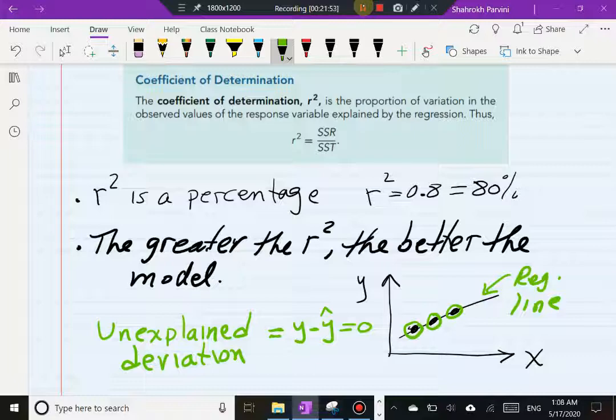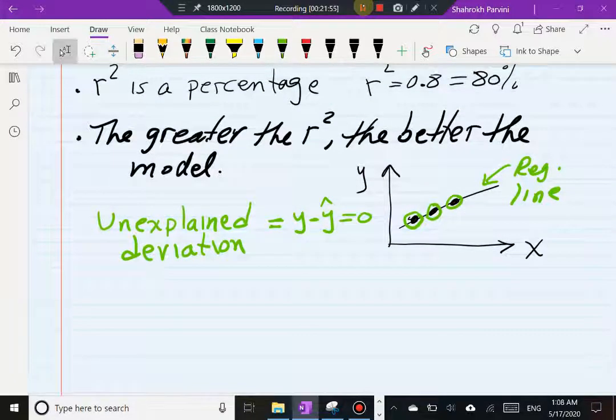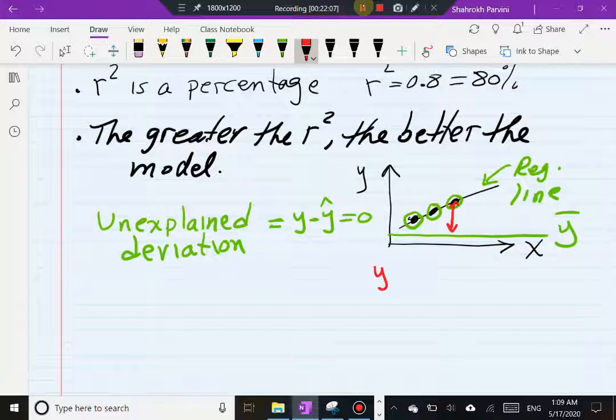When unexplained is 0, it means all the deviations are explained for. Let me draw this line, and call that y bar. So that distance, y minus y bar, is going to be exactly equal to y hat minus y bar, because y and y hat are exactly the same.